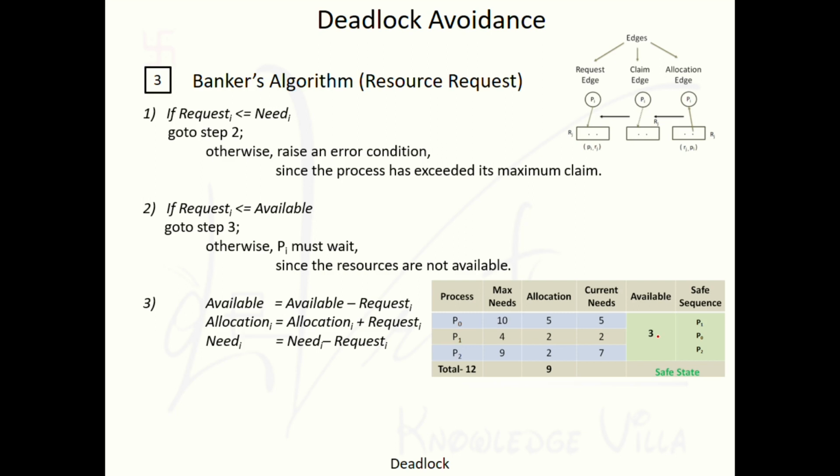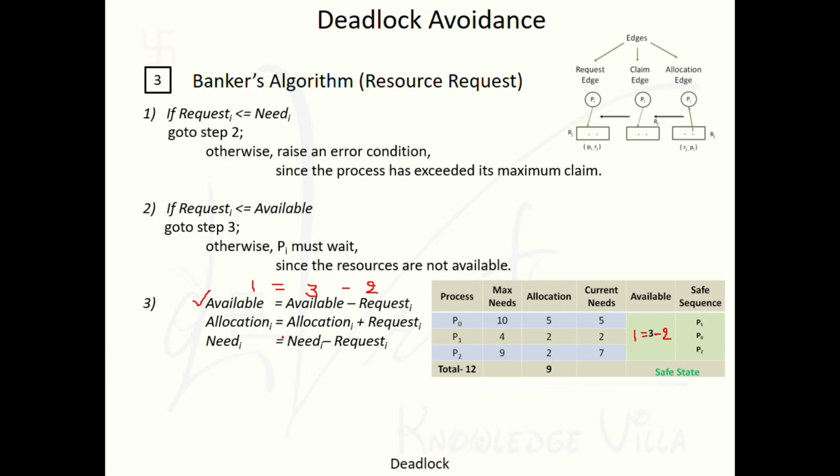Out of 3 available, 2 resources are allocated to process P1. Total available resources were 3 minus the requested 2, so 1 resource remains. It means the new available resources are 1. Hope you are understanding this line: available equals available minus request.